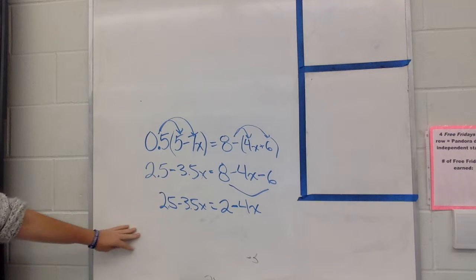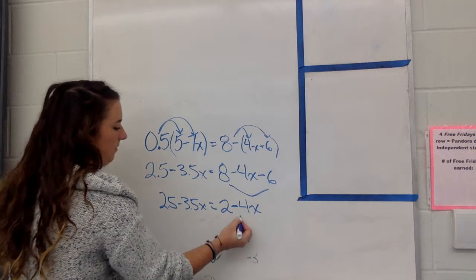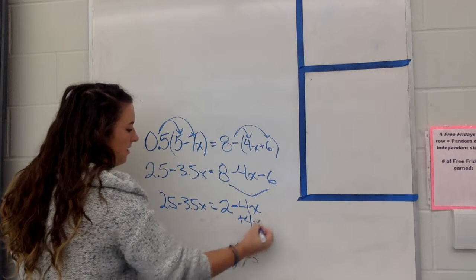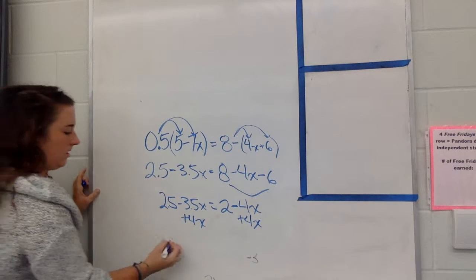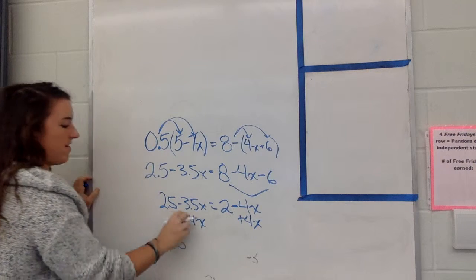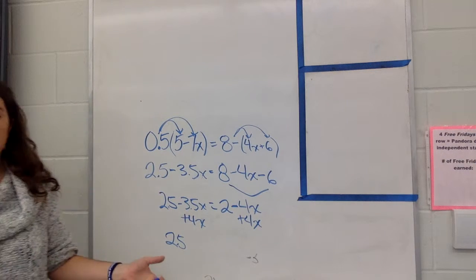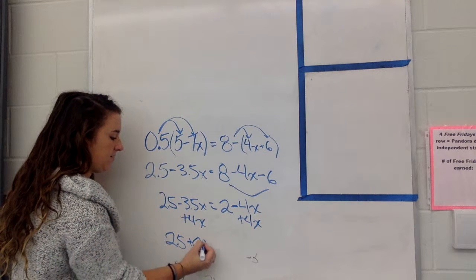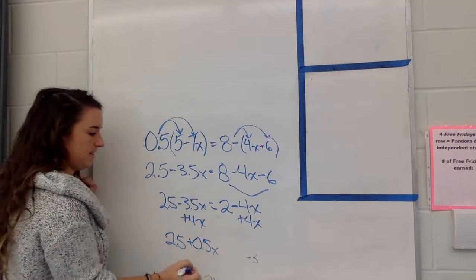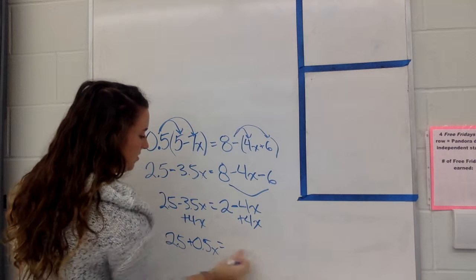Now I'm trying to get rid of my x's on one side. Negative 4x is smaller, so add it. I have a negative and I'm adding a positive, so I subtract the two. I have more positive, so my answer will be positive. So plus 5/10 x equals 2.